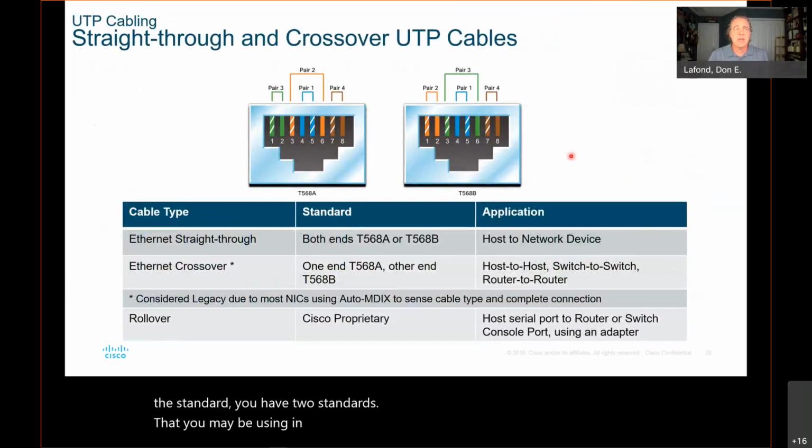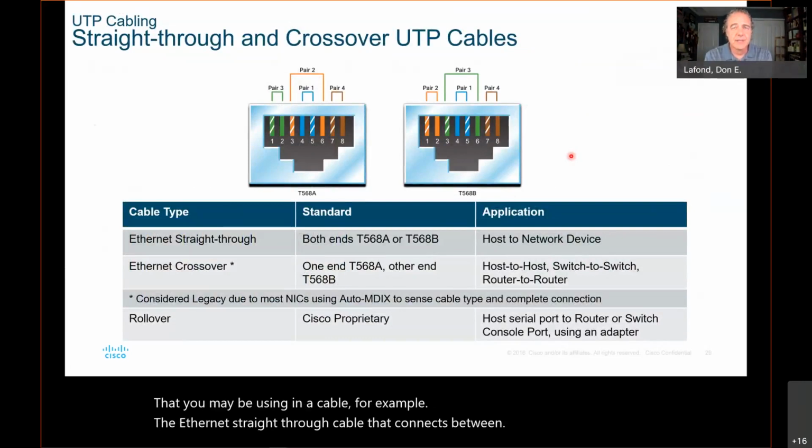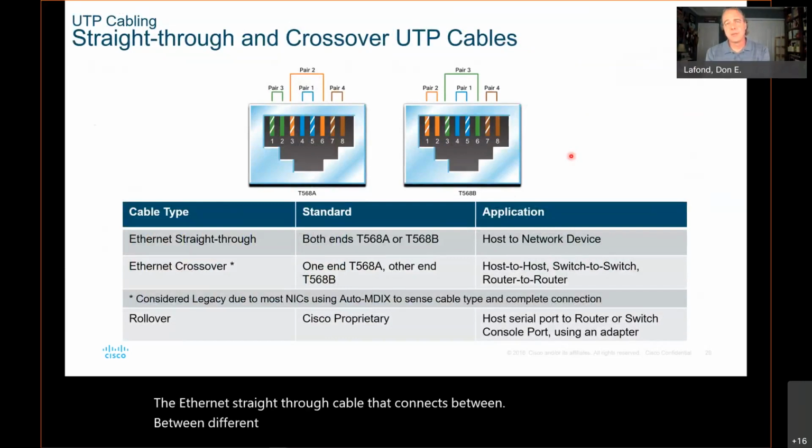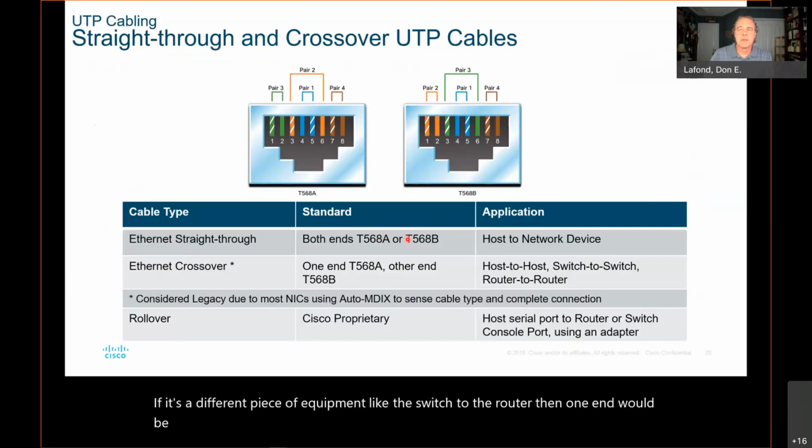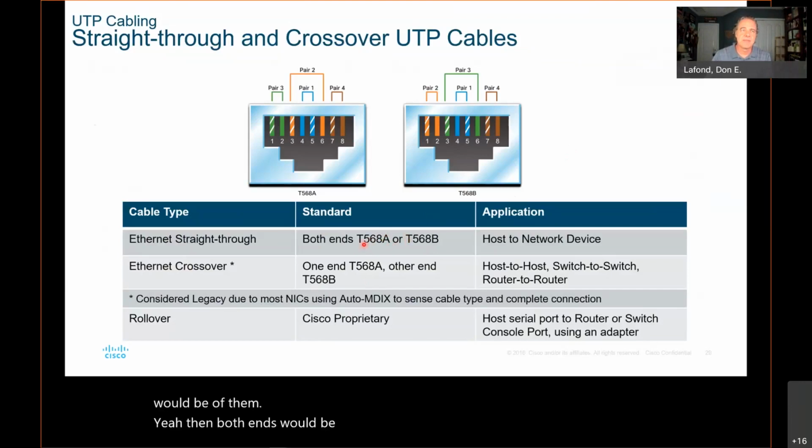For example, the Ethernet straight through cable connects between different devices, like between your PC and a switch. If it's a different piece of equipment, like the switch to the router, then both ends would be the same, because you have a straight through cable.